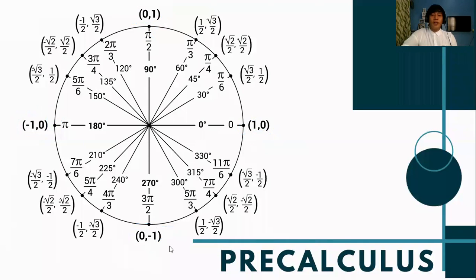Quadrantal points are formed by the angles with measures 0 radians, pi over 2 radians, pi radians, and 3 pi over 2 radians.